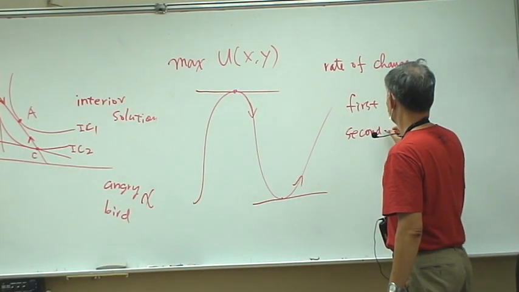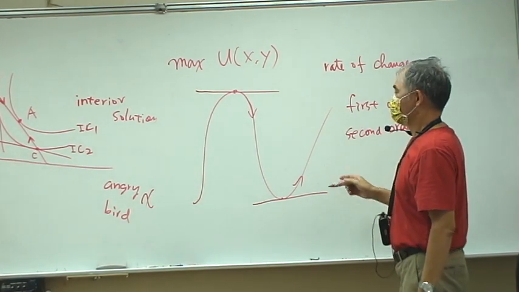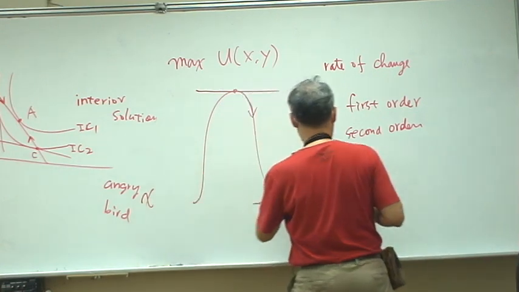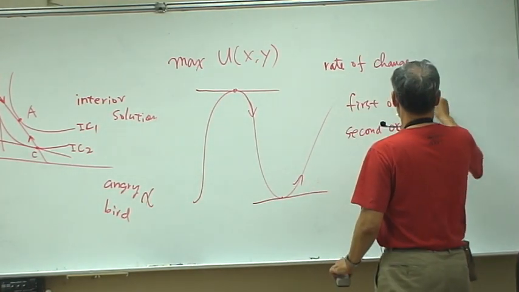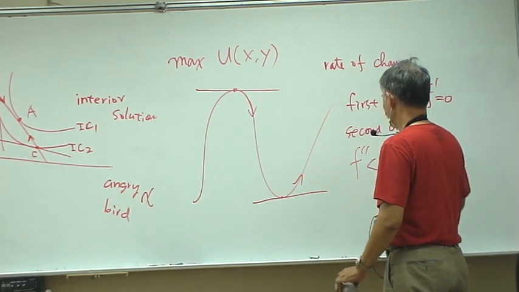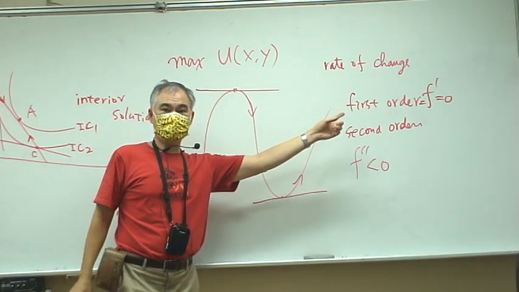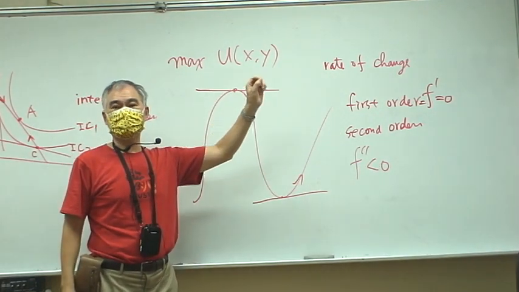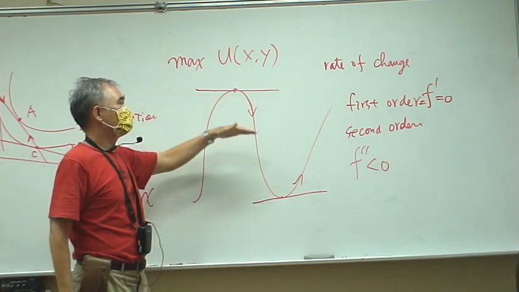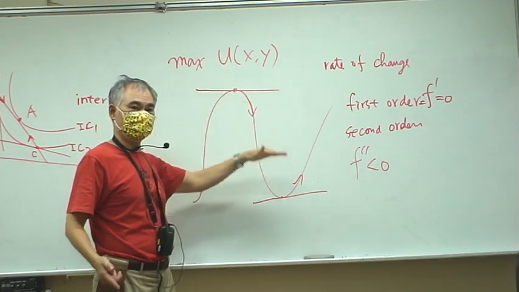Second order condition. So first order condition, f prime is equal to 0, and f double prime will be less than 0, okay? Differentiation measures the changes of the function. With the first order condition, we make sure that at this point it doesn't change, so it's at the top or at the bottom.